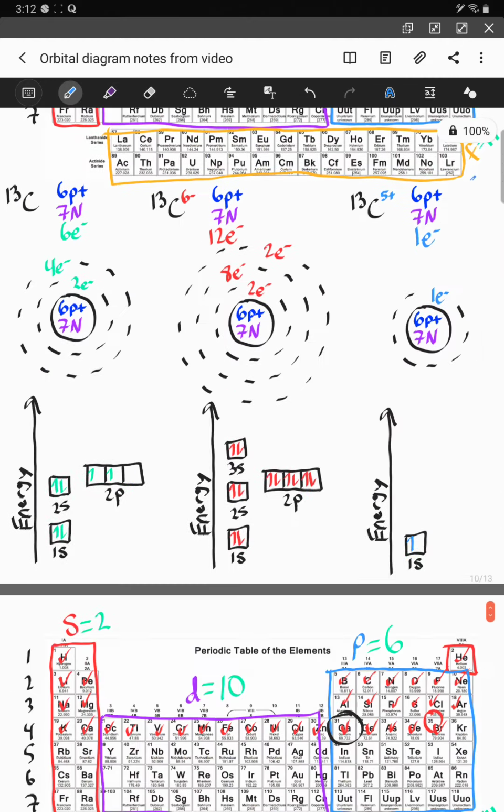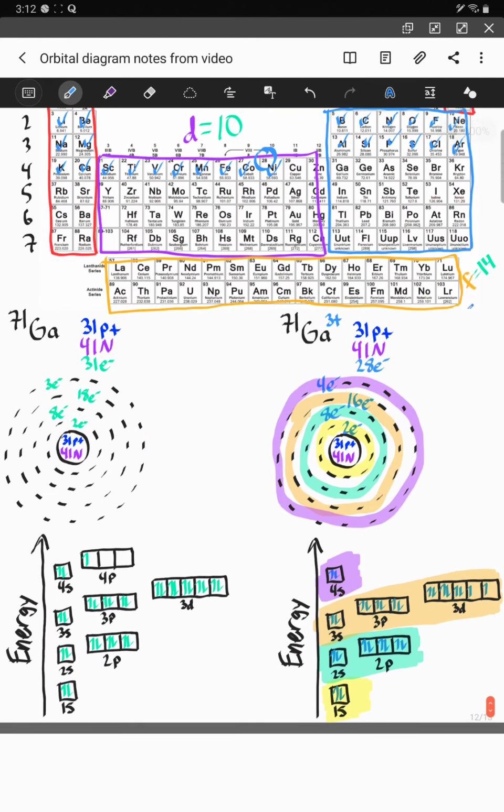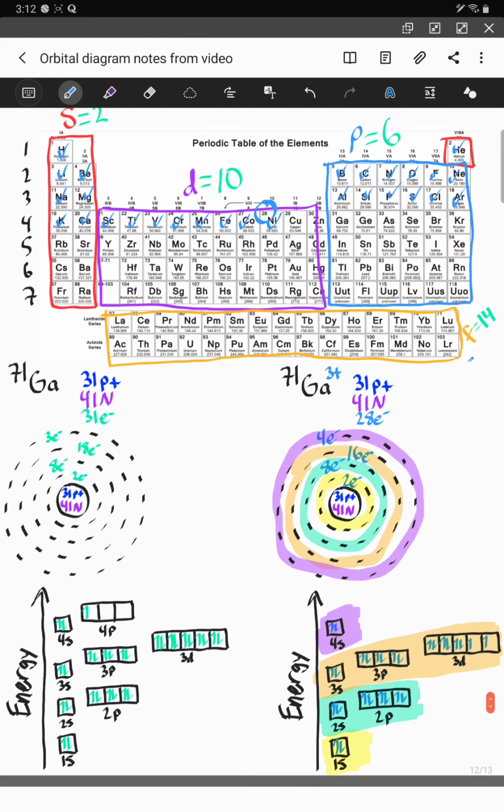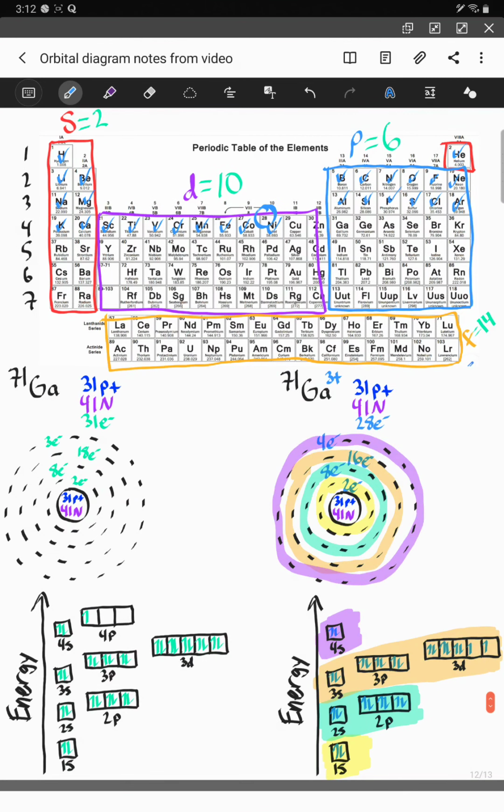Let's look back at the problem that we were on. All right, if I were to have erased these 3 electrons, that means I would have erased this entire valence shell here.